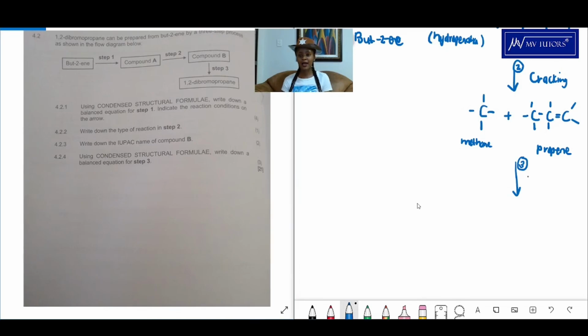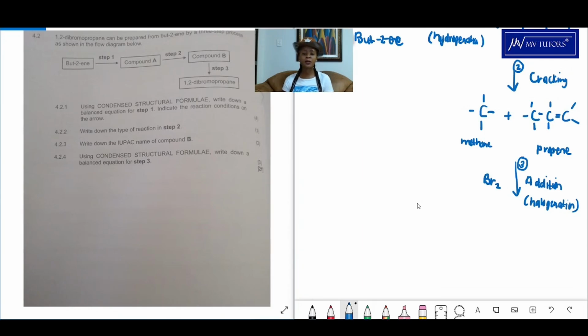So I have an addition reaction here. Remember, addition reactions only apply to double bonds and triple bonds. So I have an addition reaction, and this one will be a halogenation, because I'm adding a halogen only, and this halogen that I'm adding is going to be Br2.